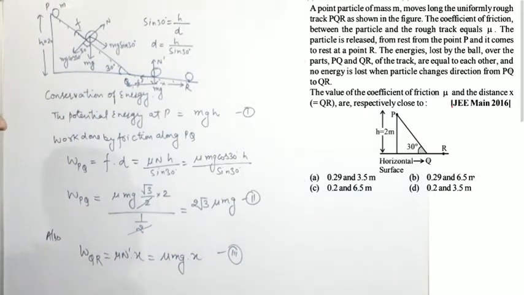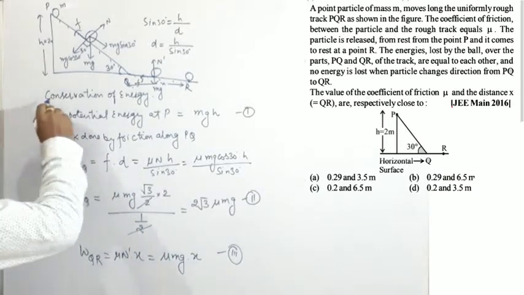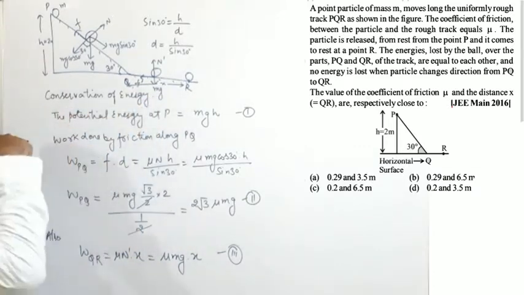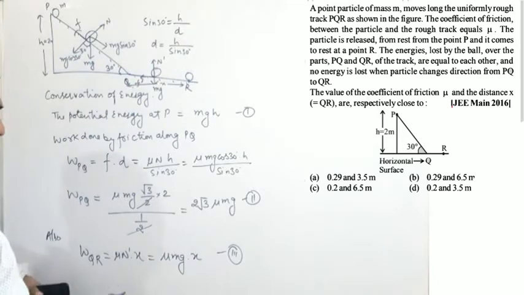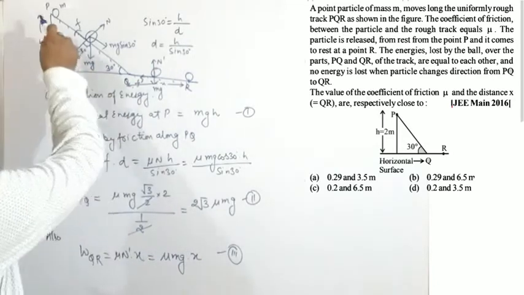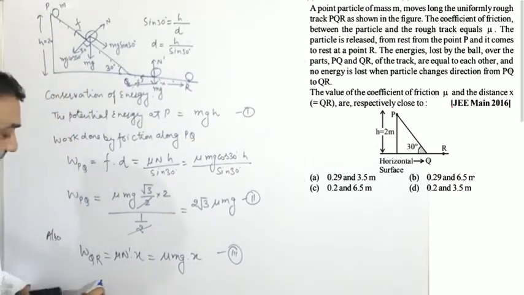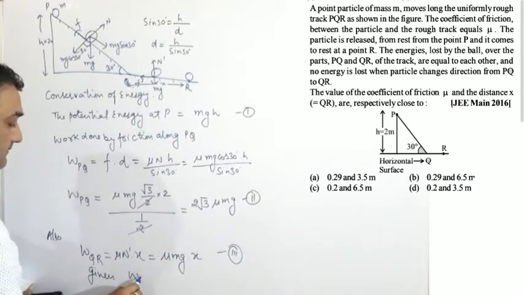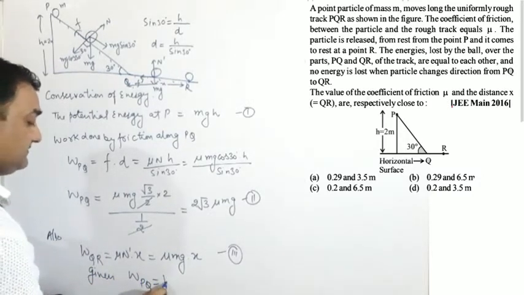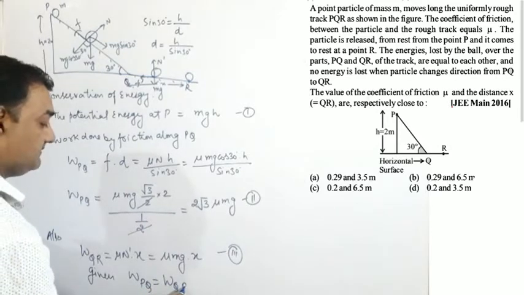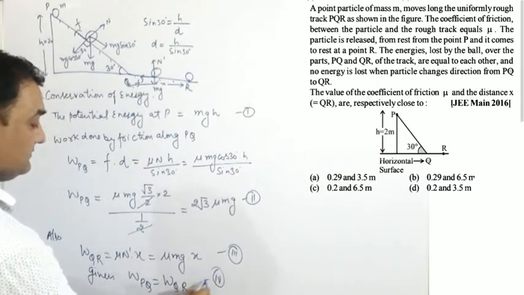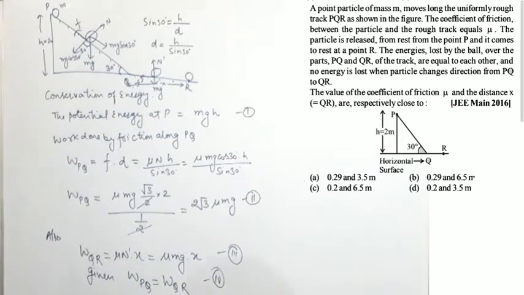Now first of all we will apply this conservation of energy, and there is also a condition given that the work done from P to Q is equal to work done from Q to R. So this condition is also a very useful condition here.